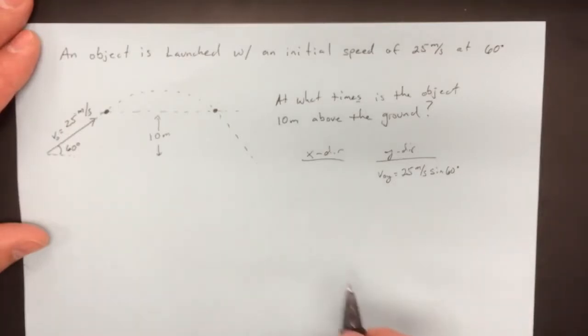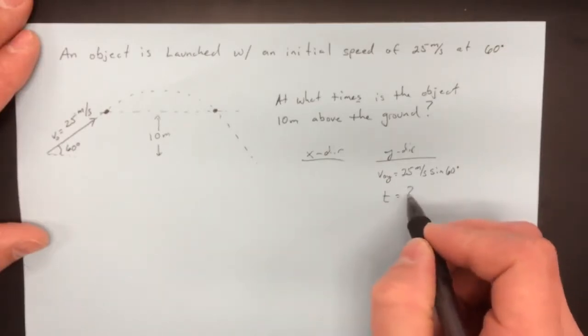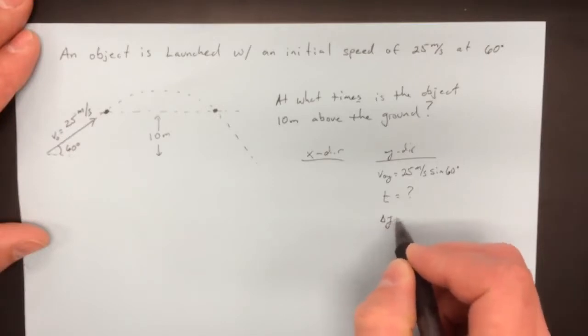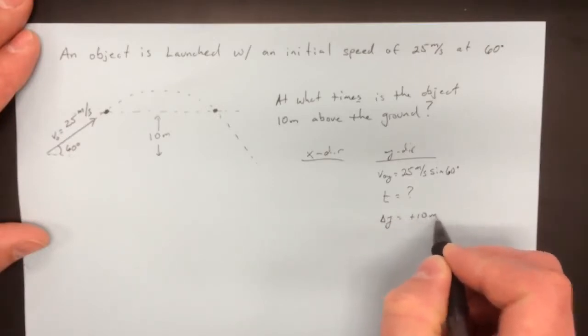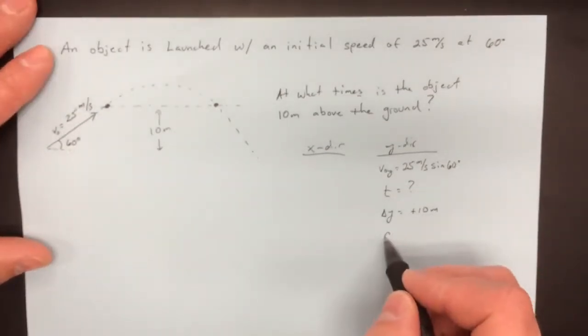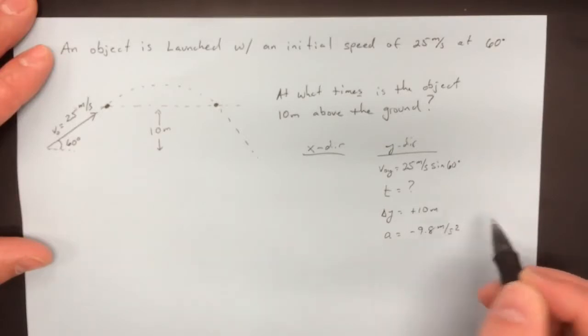We are looking for the time that is at a height of 10 meters above where it was launched, and this is changing under the influence of gravity.